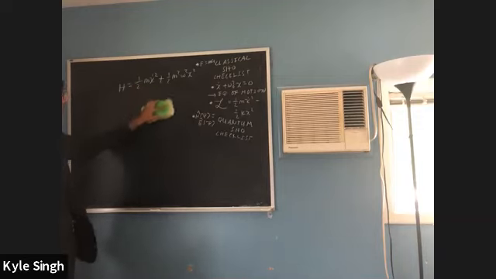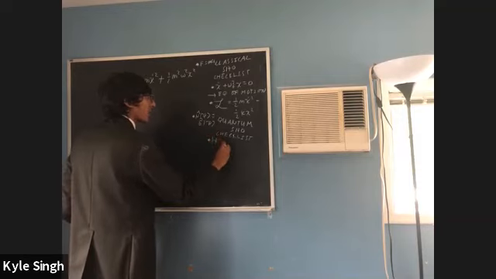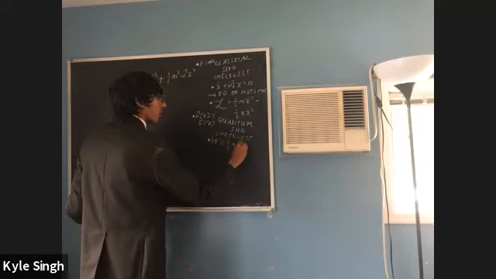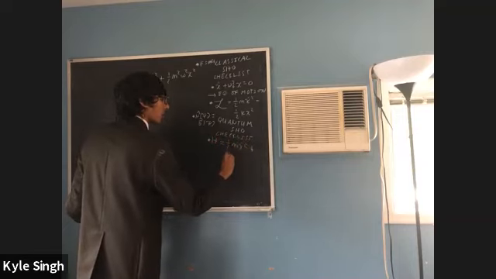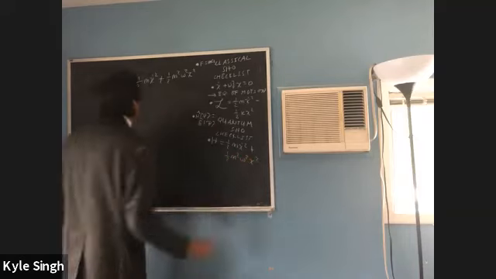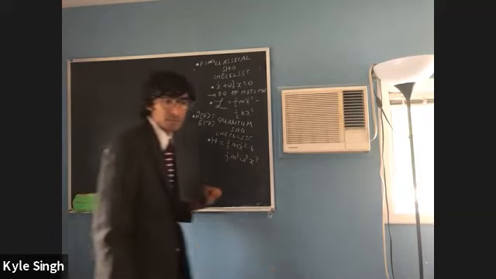Okay, so this is my Hamiltonian. So we can add that to the checklist. It looks very similar to classical physics.